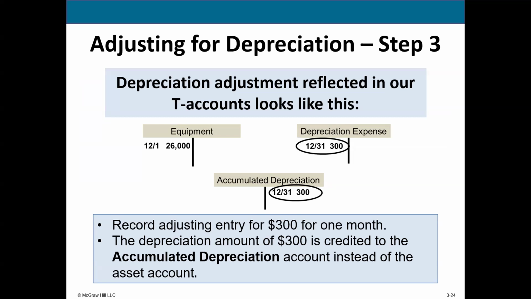Accumulated depreciation is called a contra asset account. On the balance sheet, it's an asset account that accompanies the fixed asset. So I'm going to have an account called equipment, which is a fixed asset account on the balance sheet. It's going to have a positive balance of $26,000, and it's going to stay that way for 5 years.